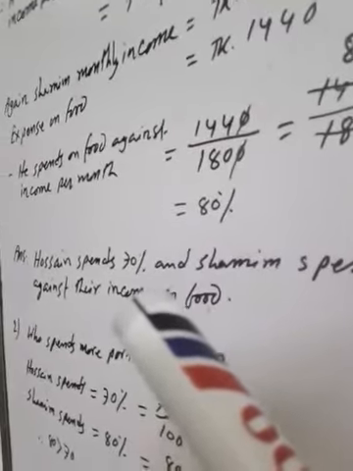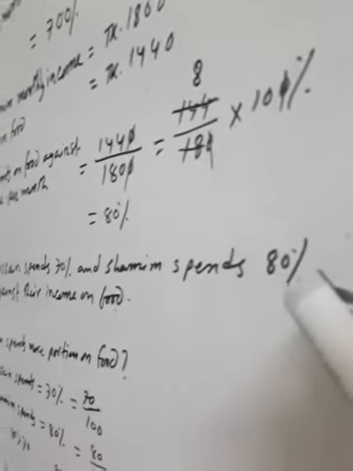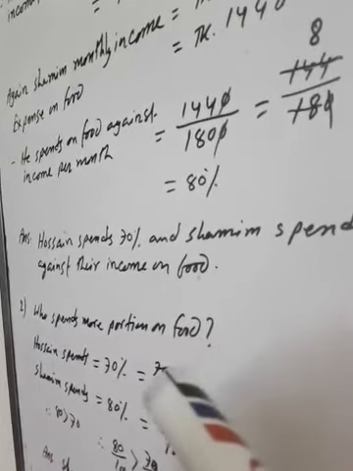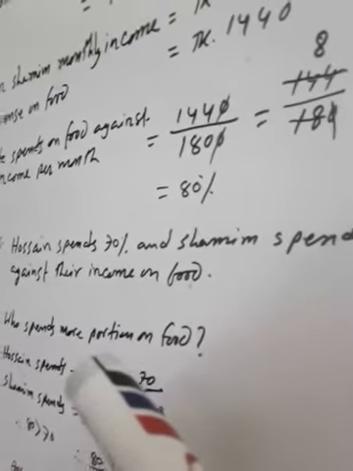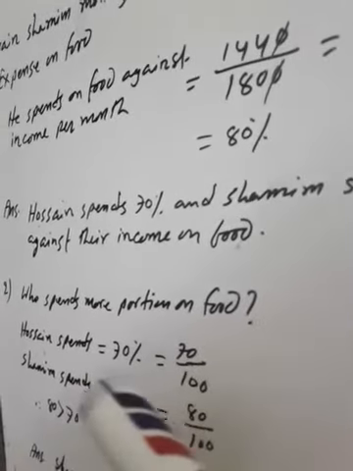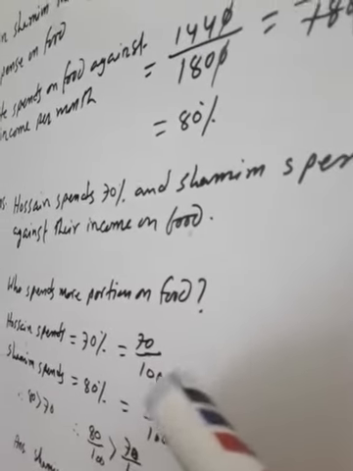Hussain spends 70% and Shamim spends 80% against their income on food. Who spends more portion on food? Hussain spends 70%, 70 by 100.